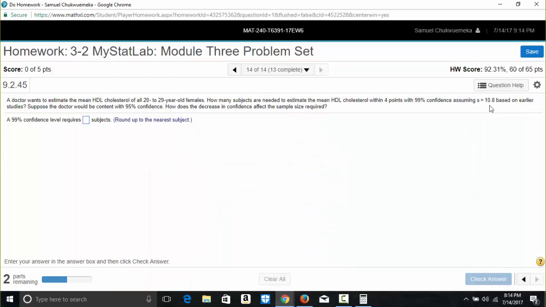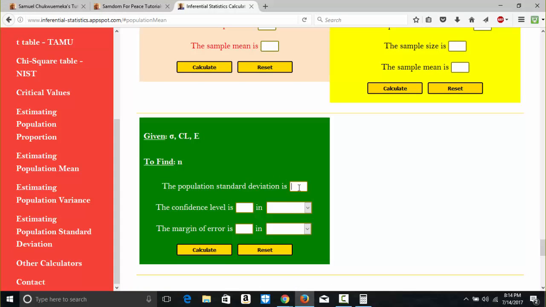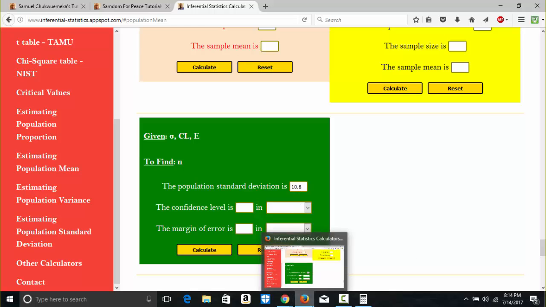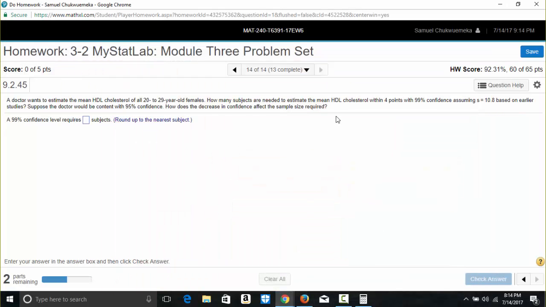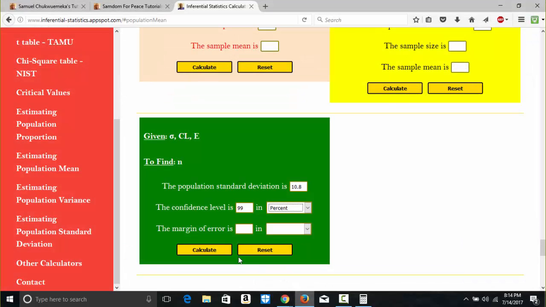So S is 10.8. We put 10.8 here. Confidence level, the first one is 99%. Margin of error is 4 points. They didn't say 4 percentage points, so put 4 as a decimal, not percent.